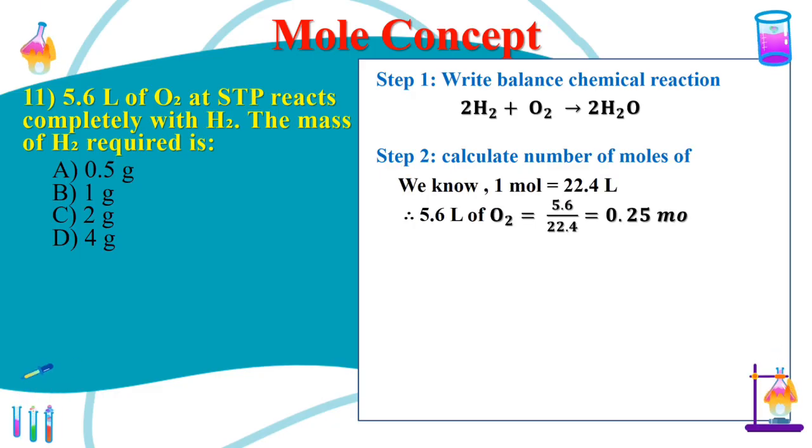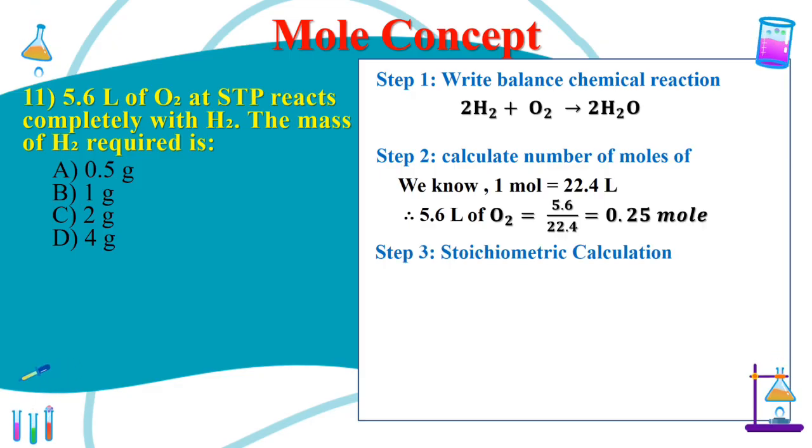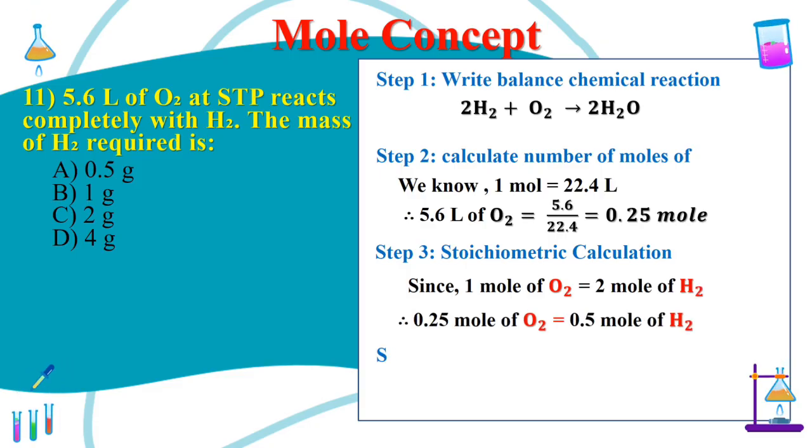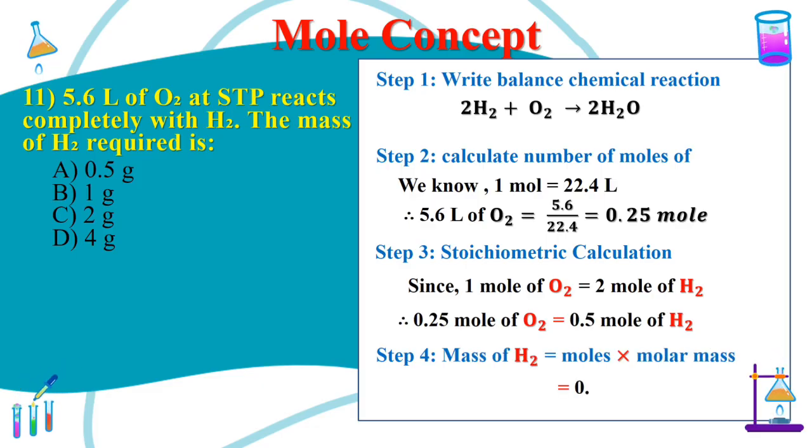Now using stoichiometry, we know 1 mole of oxygen is equal to 2 mole of hydrogen. Therefore, 0.25 mole of oxygen will be equal to 0.5 moles of hydrogen. And when we multiply moles into molar mass, we'll get actual mass required for the reaction.